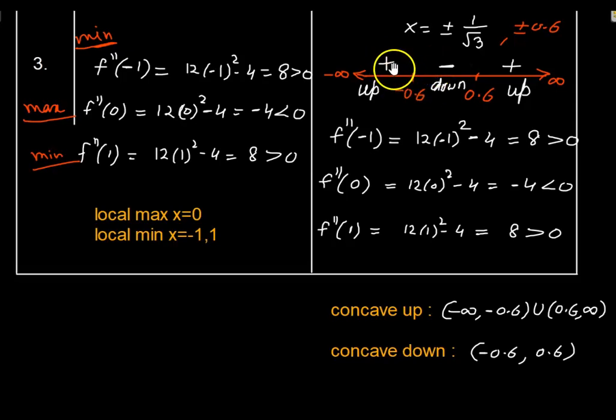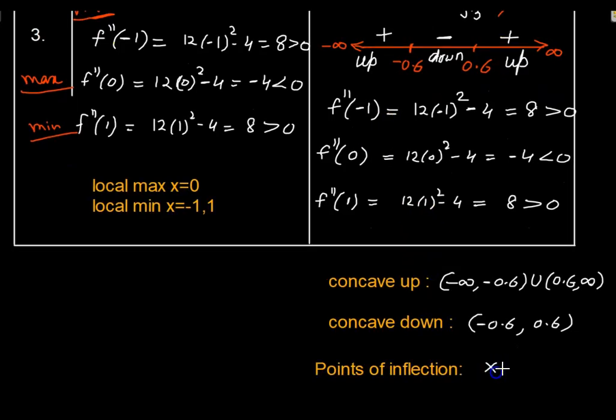We see that the function was concave up from here to here, then it changes its concavity at negative 0.6 and again at positive 0.6. So those 2 points are the final points of inflection. Final points of inflection are negative 1 over root 3 and positive 1 over root 3.